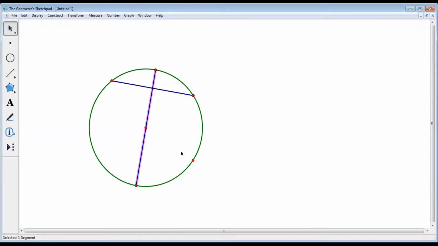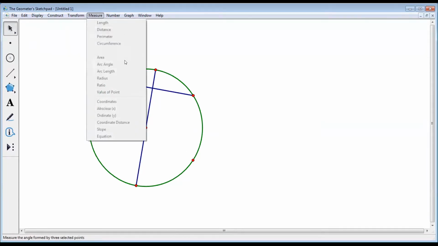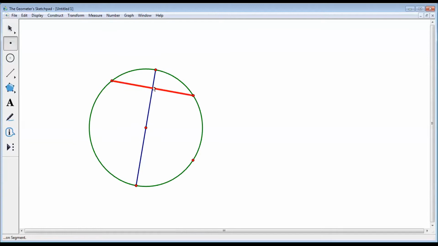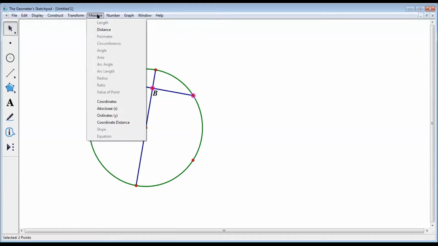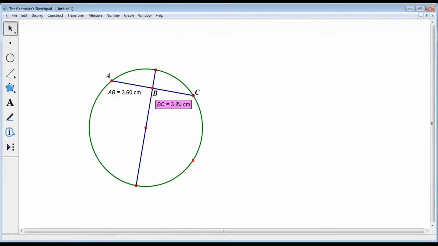So what I'm saying is that this diameter is going to bisect this chord. So let me measure this chord and see if its two parts are in fact bisected. AB is 3.6. So if I call from there to there BC, what does that have to be? Also 3.6, right?